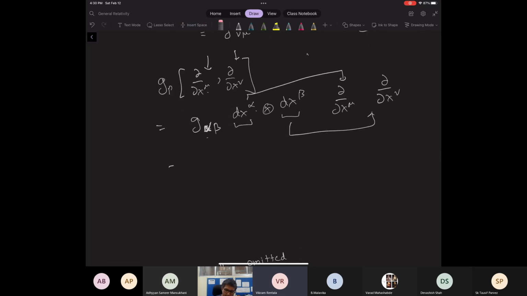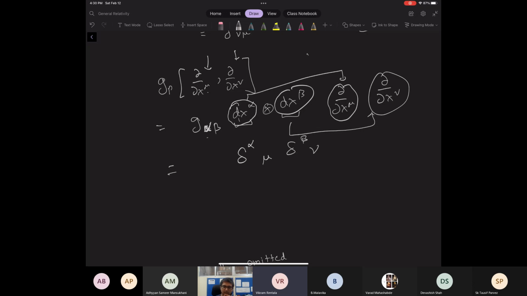And now, what is the action of this dual vector on this vector? What do we get? We've already worked out this inner product. Delta alpha mu. And similarly, if you take this acting on this, you get delta beta nu.